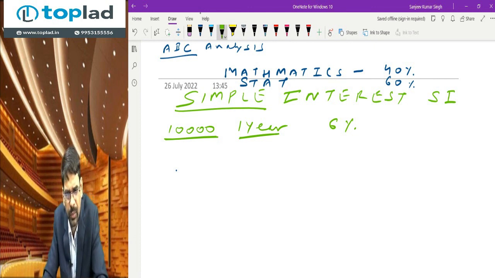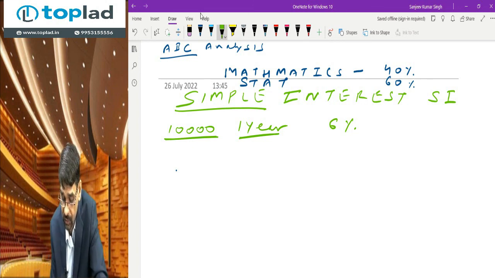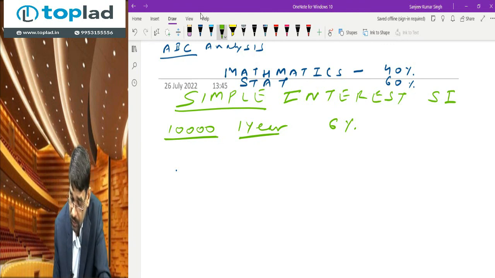At least your expectation is that whenever you invest some money for 1 year at the rate of 6%, after 1 year you want more money from this course.